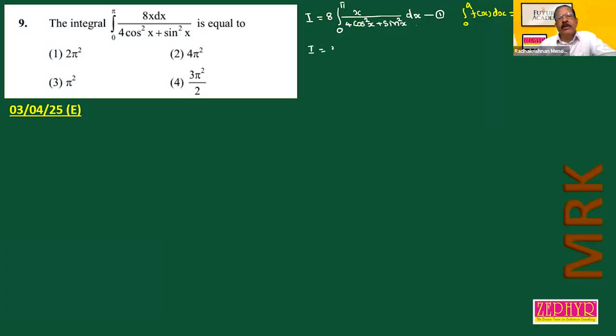So now I also is equal to 8 into integral 0 to pi, where x is there, I am putting pi minus x. Write pi minus x in place of x. Denominator 4 cos squared: cos squared of (pi minus x) is the same as cos squared x, and sin squared of (pi minus x) is the same as sin squared x, dx.